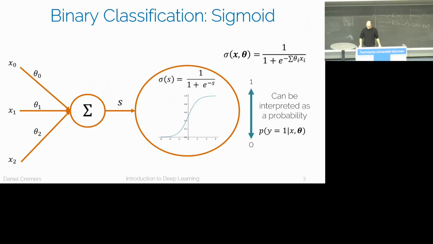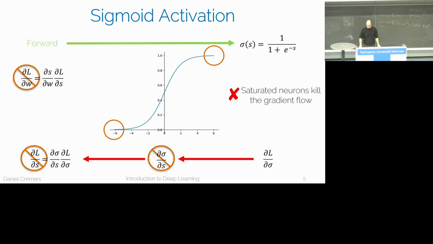So recap, we talked about classification, regression, classification. We talked about the sigmoidal function, how it squashes the score that comes in, S, and this is the sum of weights times the input plus the bias. And this score is squashed to the interval 0, 1 with the sigmoidal function. And we saw it can be interpreted as a probability for the label to be 1 given the input.